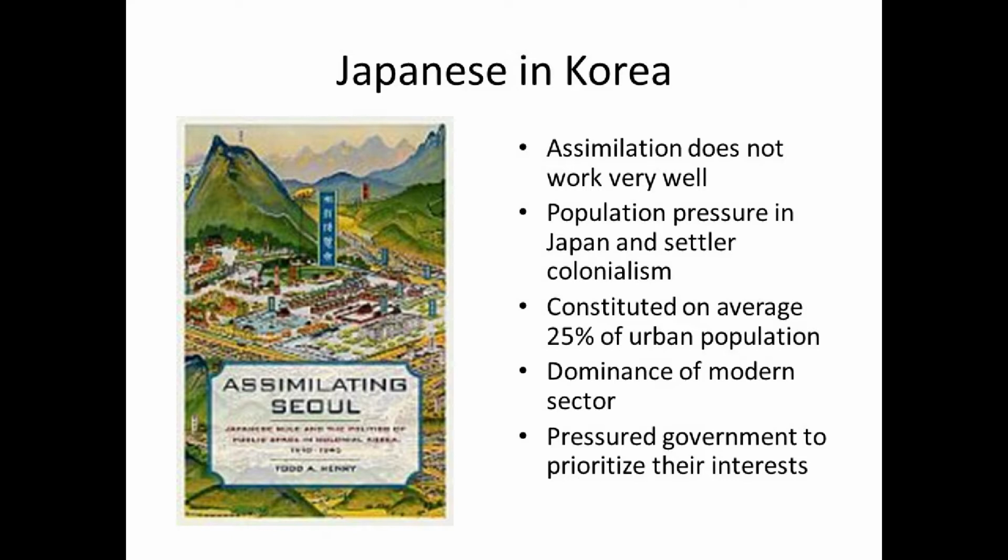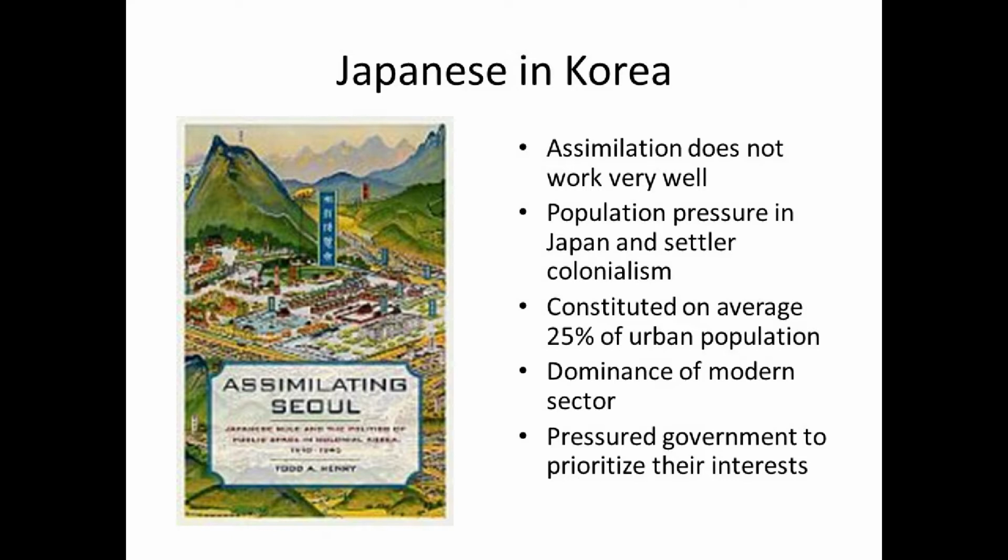And they are going to pressure the government to prioritize their interests. For example, one reason why the Japanese government is not interested in employing Koreans at the highest levels is because Japanese people in Korea want those jobs. And the Japanese government doesn't want Koreans to get too educated because then they would compete with Japanese people for those jobs. So this is why assimilation does not work well.